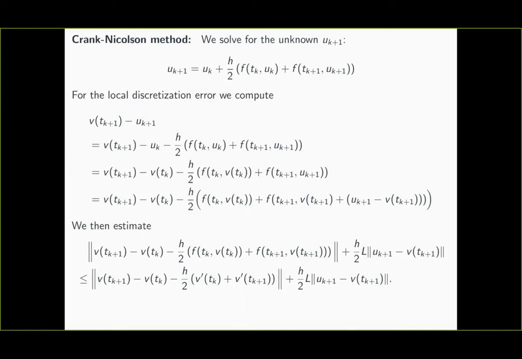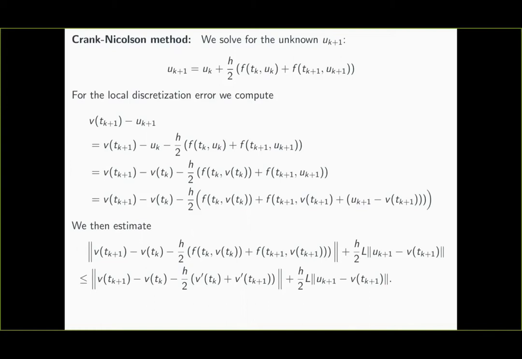Now we note again that u_k is just the initial value of v at time t_k. So we make that substitution. And then to apply something similar as we've done for the error estimate of the midpoint method, we would like to get rid of that last u_{k+1} in the argument of f and replace it by v(t_{k+1}).